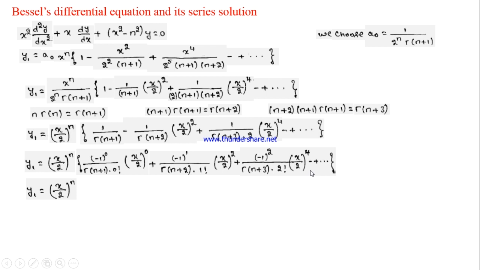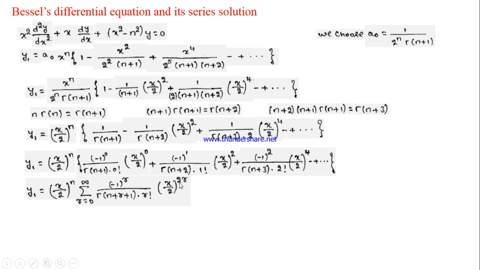Now we can put this in summation as summation r equal to 0 to infinity minus 1 power r divided by gamma of n plus r plus 1 into r factorial into x by 2 power. You can note the powers are even powers 0, 2, 4. Next we will get 6. So it should be what?